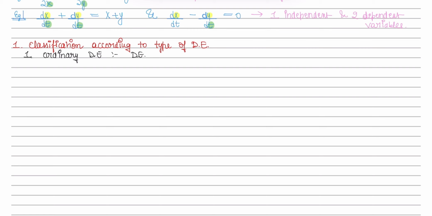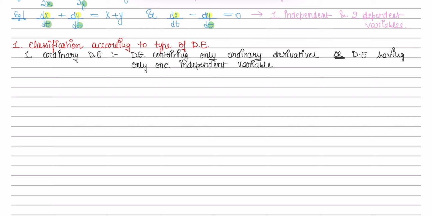Differential equation containing only ordinary derivatives, or we can say differential equation having only one independent variable, is known as ordinary differential equation, and the second type is partial differential equation.